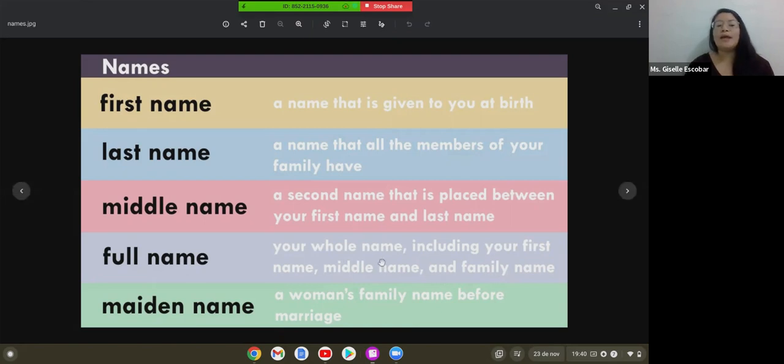Es tu nombre completo, incluyendo tu primer nombre, tu segundo nombre y tu nombre de la familia, que en este caso es el apellido. And we have here maiden name, a woman's family name before marriage. So, maiden name es el nombre de soltera, el apellido de soltera.